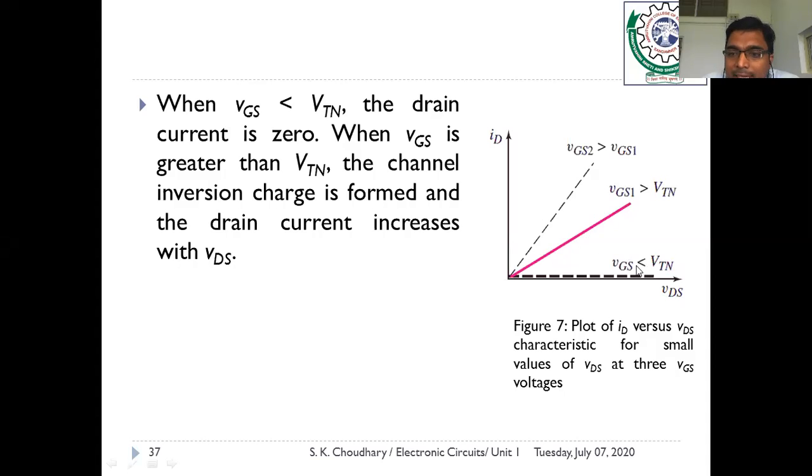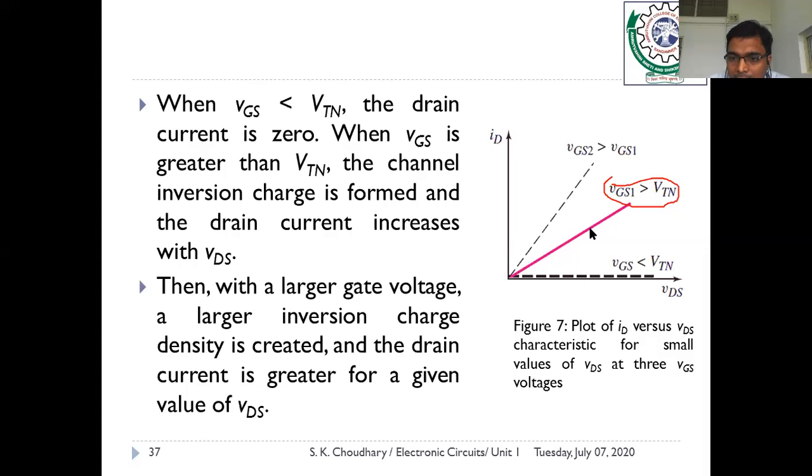When VGS is less than VTN, there is zero current, which is shown by this dashed line. And when VGS is increased beyond VTN, the threshold voltage, some positive current starts to flow because of the formation of the inversion region. And as you increase VDS, your current also increases.